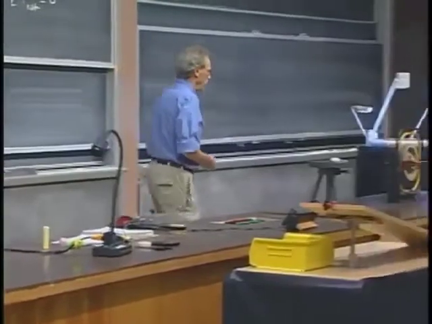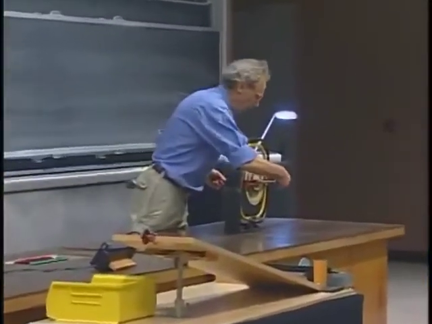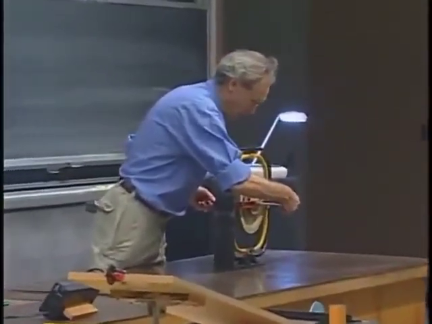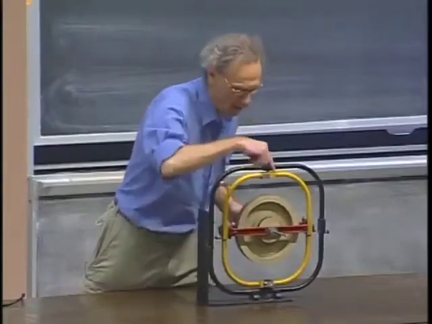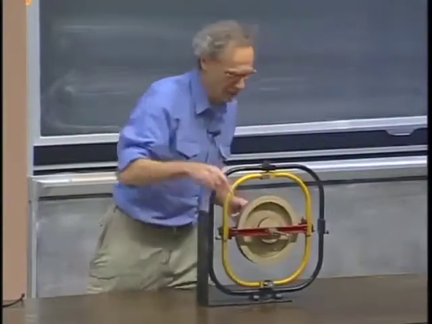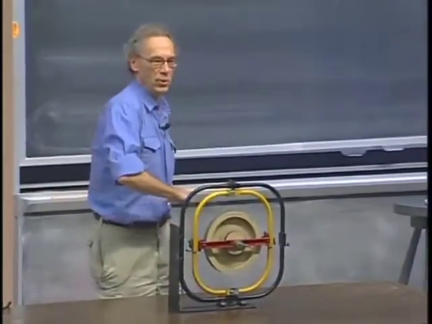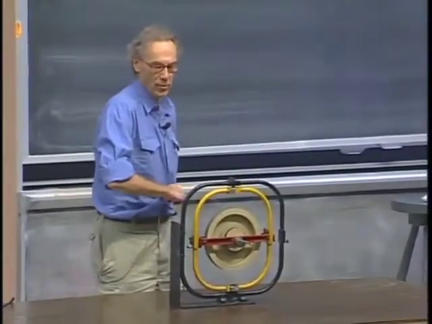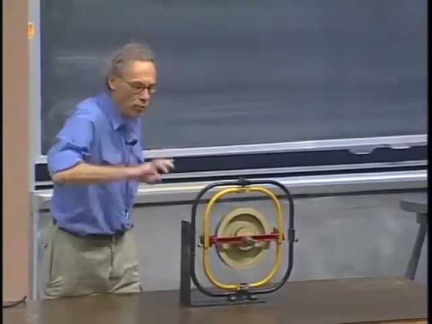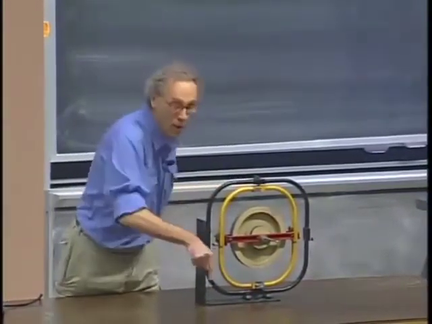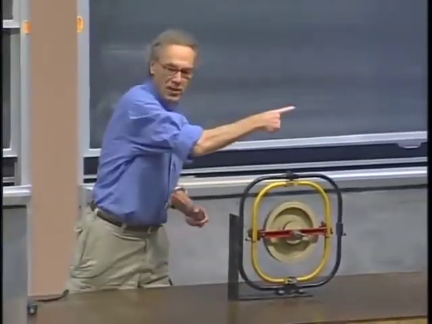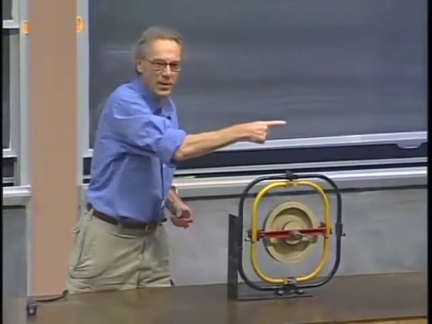And what do you think will happen now if I put some weight here on the axis? So the wheel is spinning, but now I'm going to put a torque on it here. It is spinning in this direction. Angular momentum is pointing straight at me, away from you. I'm going to put a torque on like this, putting the weight there. Torque will be in this direction. What will the spin angular momentum do?